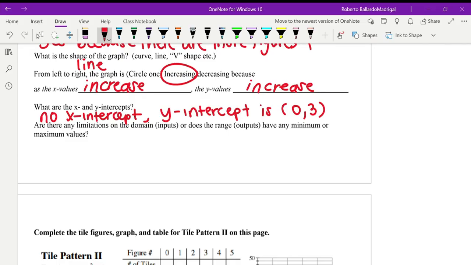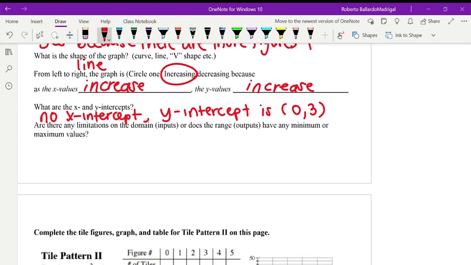All right. Think about what the following question says. Are there any limitations to the x values or to the y values? Domain represents your input. So that's like how far left and how far right you can go. Are we allowed to have less than 0 figures? Can we have negative, like if I had figure number -1, could I have that?